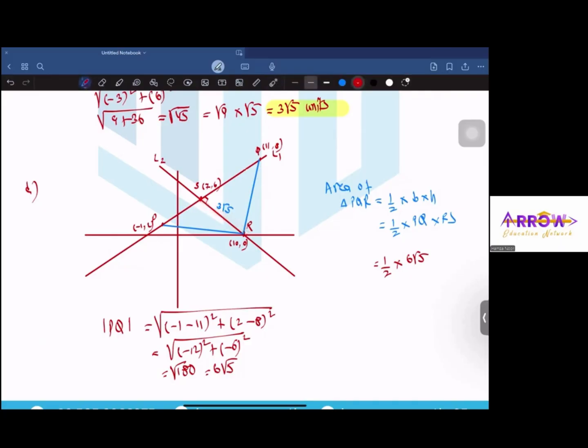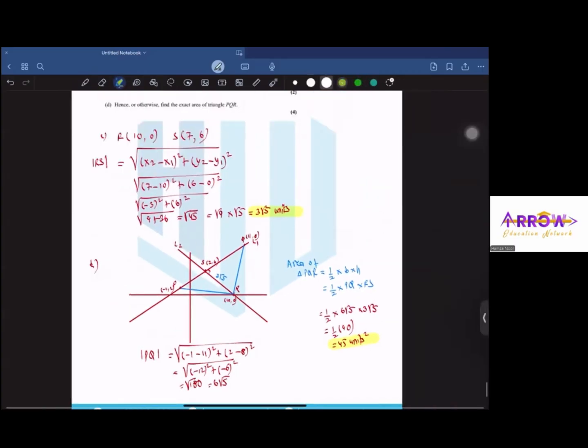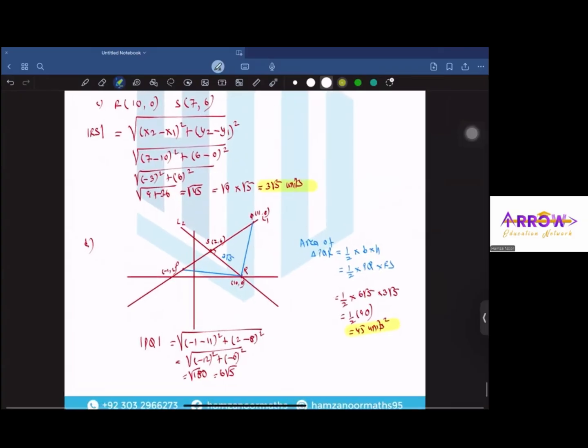So the length of RS is 3 root 5, which we found in part C. So 6 root 5 multiplied by 3 root 5, and then multiply by half. So half multiplied by 90, meaning 45 units square is your answer. This is the exact area of the triangle PQR. This was the requirement of part D.